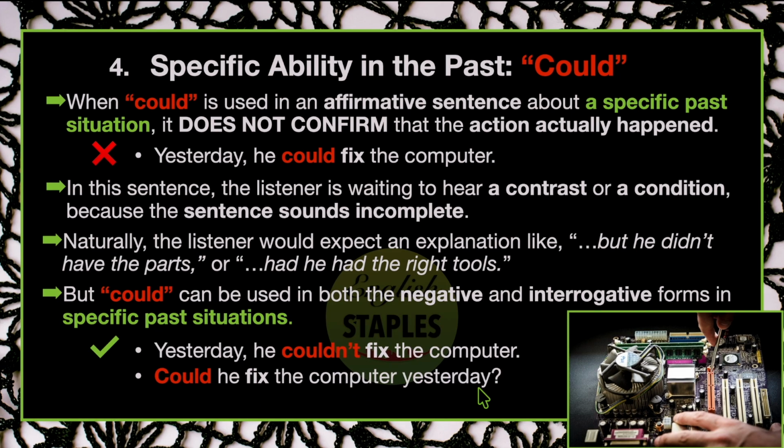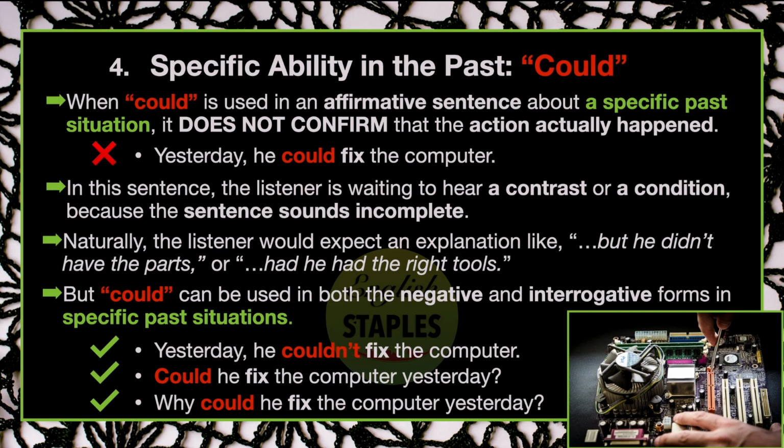Could he fix the computer yesterday? That's okay because it's in the interrogative. It's in yes no question. Why could he fix the computer yesterday? We can easily answer these questions.